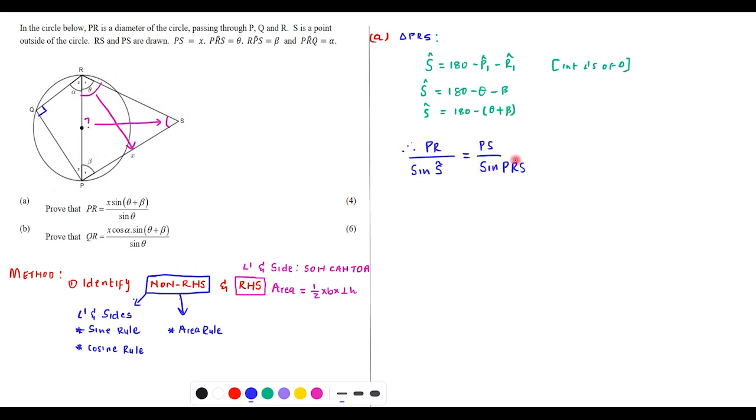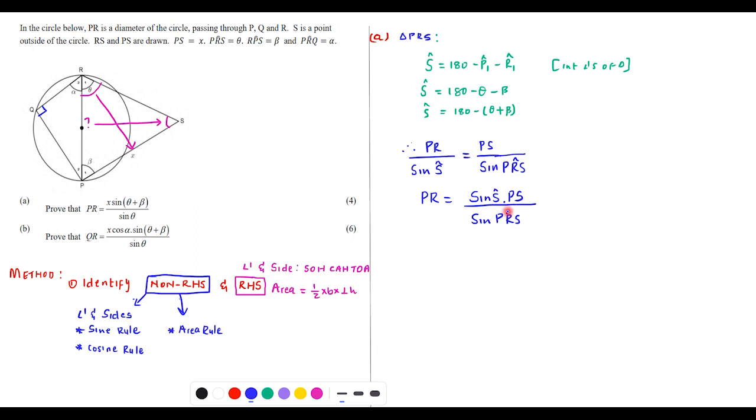Please don't make the mistake of saying sine R, because it is not sine R, because R is divided into R1 and R2. Now PR, I can see by looking at this, is going to be sine S times PS over sine PRS.